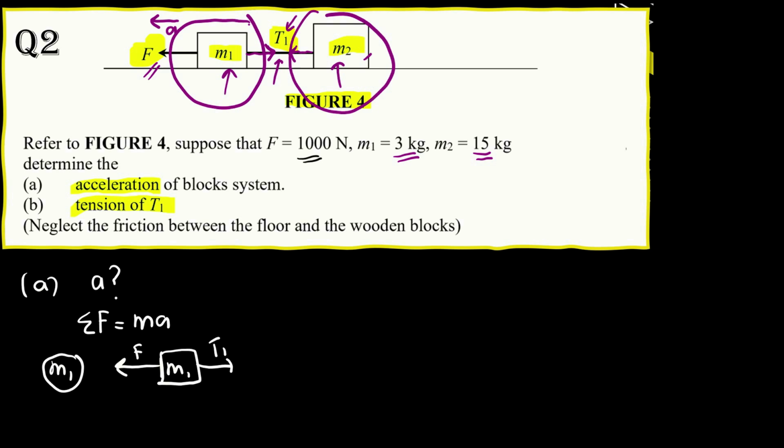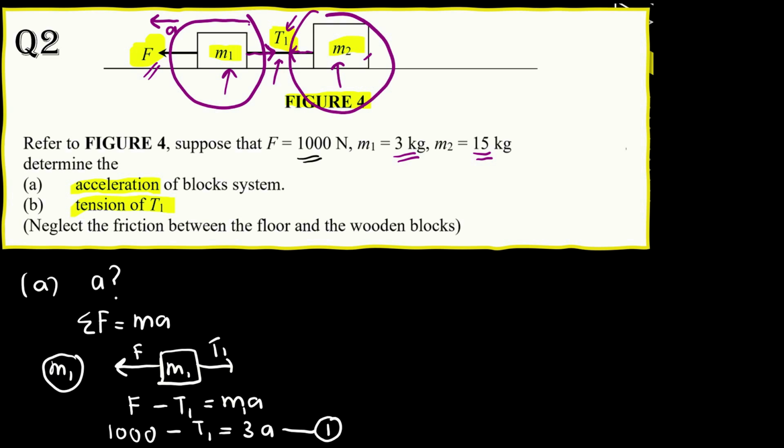So the equation for M1 is force minus T1 is equal to ma. Substituting, our force is 1000 minus T1, which is unknown, equal to M1 which is 3a. So we have two unknown quantities. This becomes equation number 1.